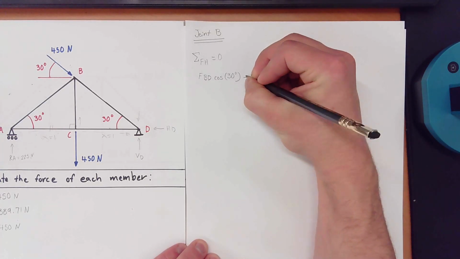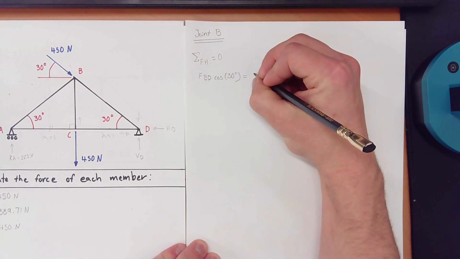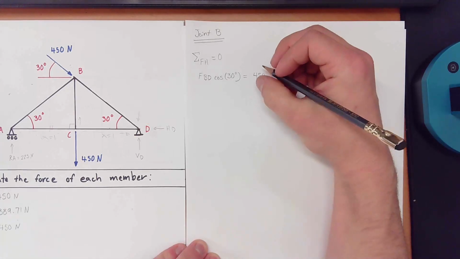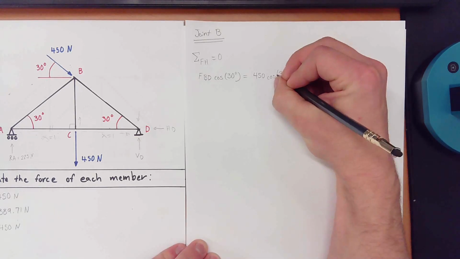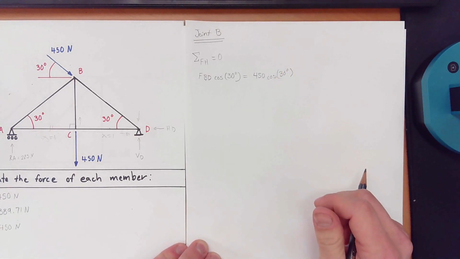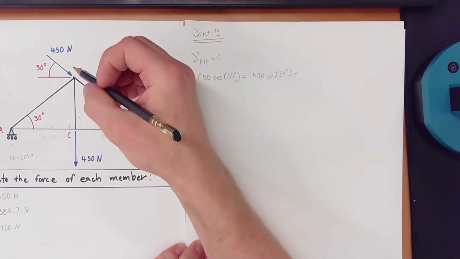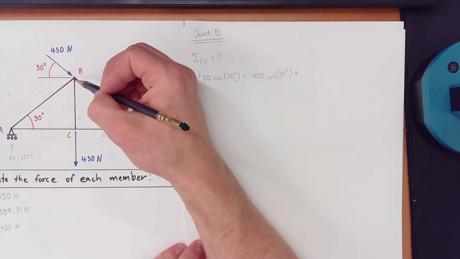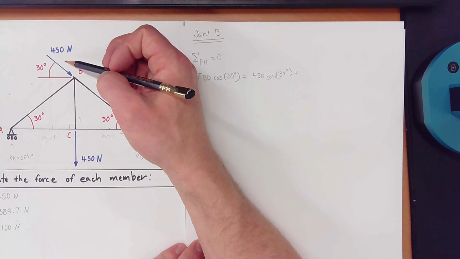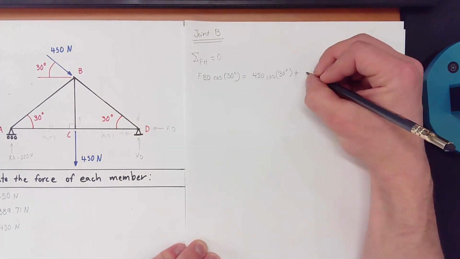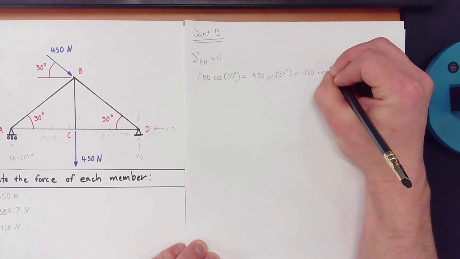And this can be rewritten because we know we have 450 newtons acting down on it, so 450 multiplied by the cosine of 30 degrees. We also need to add it because on this member there are multiple forces acting upon it. So we have 450 newtons at the cosine of 30 degrees plus an extra 450 newtons at the cosine of 30 degrees.